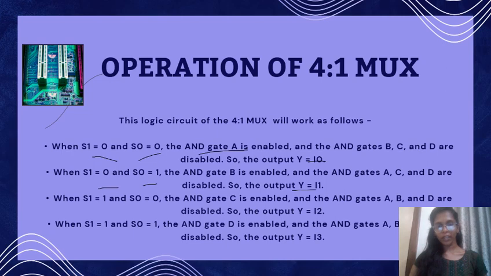So the output Y is I1. When S1 is 1, S0 is 0, the AND gate C is enabled and the AND gates A, B, D are disabled and the output Y is I2. When S1 is 1, S0 is 1, the AND gate D is enabled and the AND gates A, B, C are disabled and the output Y is I3. This is the operation of 4:1 mux.